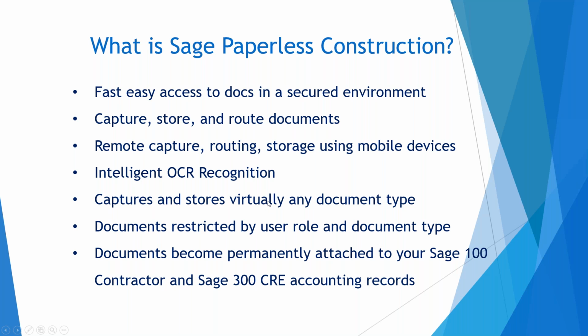If there's a spreadsheet that you want other people to fill out, you can route it to them. It stores it in its native Excel, and when you pull it back out in Paperless, it opens up Excel when you open it. Once again, highly secure. All the documents are restricted by role and document type, and those documents become permanently attached to the back office accounting records once they've been routed and approved.